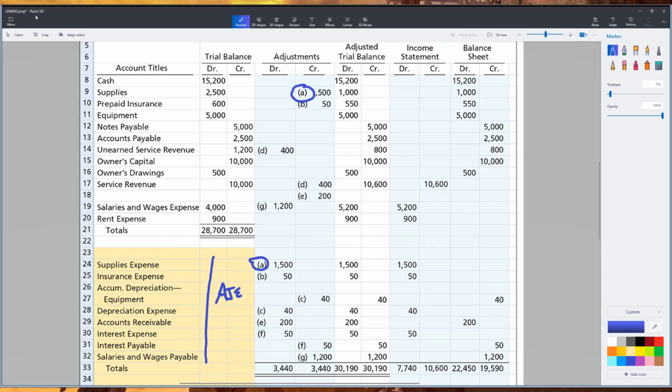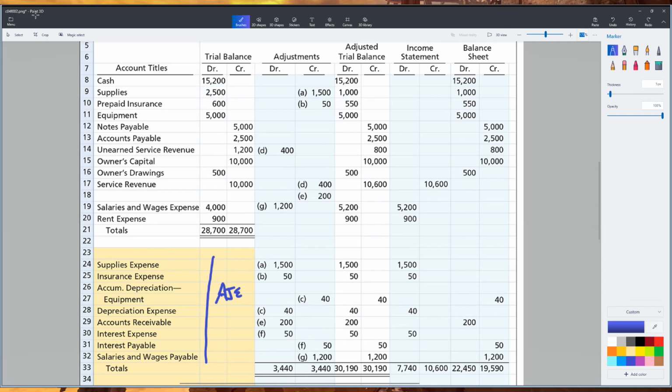We've had a couple of homework items that we've looked at, and someone said, okay, we used up a certain amount of supplies. So what do we have? We have a supplies expense, and we have a reduction of the supplies that takes it from our original count minus 1,500, leaves us with a balance of 1,000 in the supplies. So we used up 1,500 in the supplies.